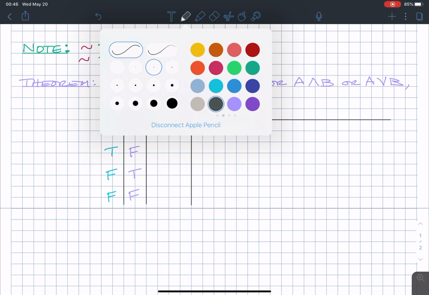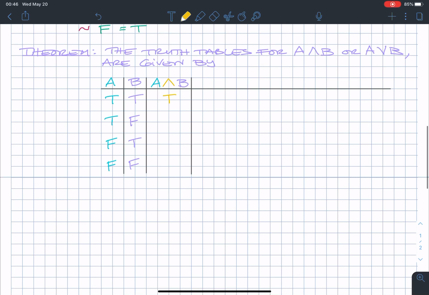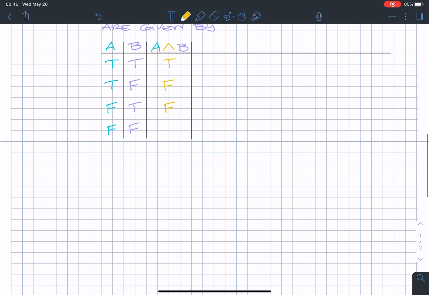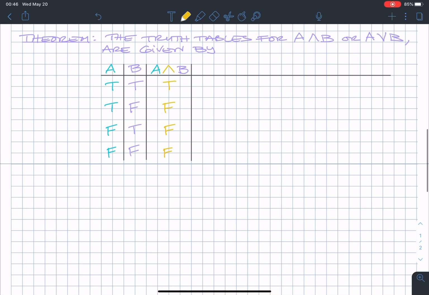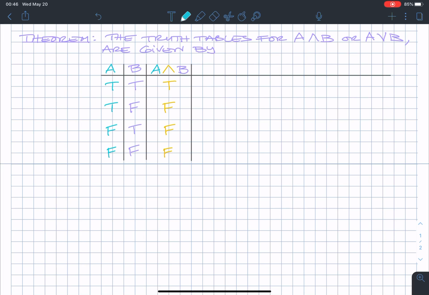True and true is always true because they both have the same truth value. True and false, that's false, they're different. False and true, that's false, they're different. False and false, well, they're both false. Okay, so that is the truth table for and.